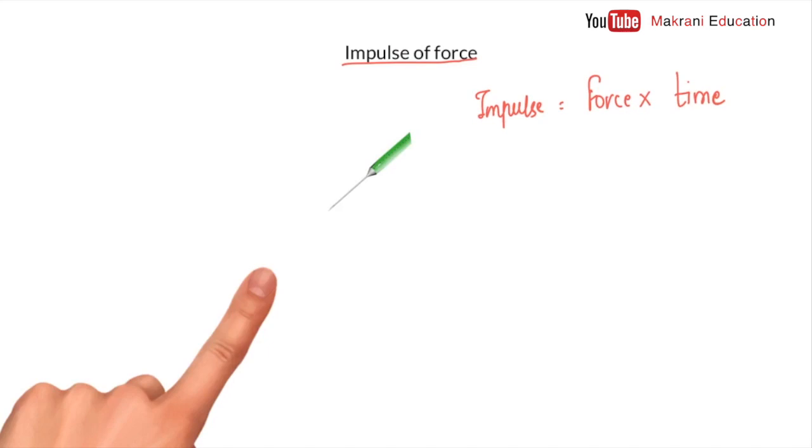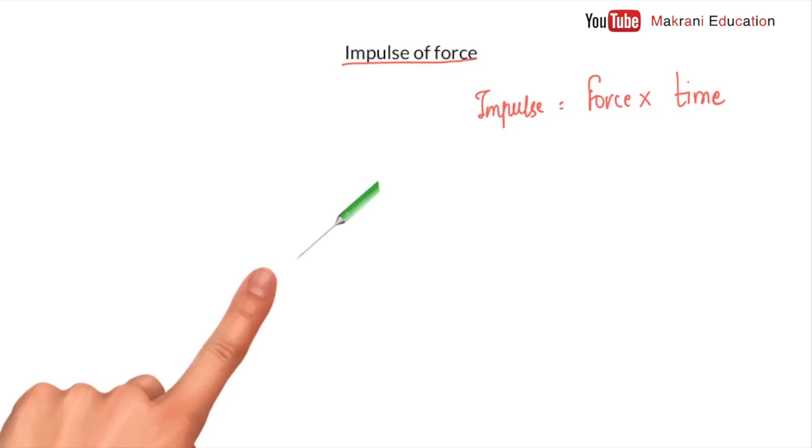Now we can take a simple example of a syringe. If we give it a short push, then it is an impulse that you can feel. And if time is less and force is more, then also we can say it is an impulse. And if you apply it for more time, then the impulse will be greater. And the impulse depends on two things, one is force and another is time.